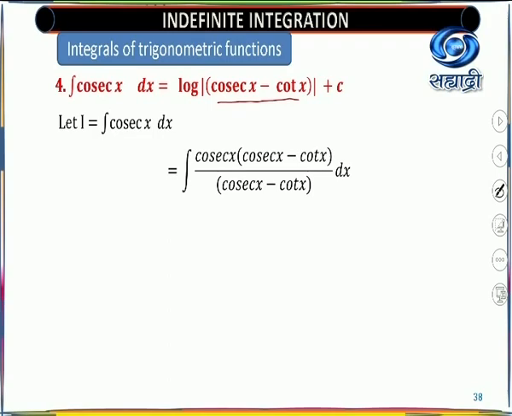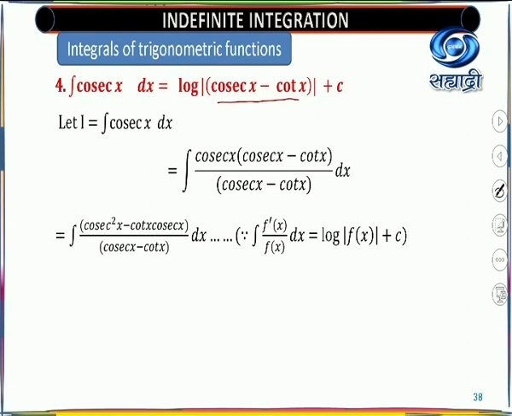Now multiply to every term. So what you will get? You will get (cosec square x minus cot x cosec x) upon (cosec x minus cot x) dx. Now look at here. What is the derivative of cosec x? That is minus cosec x cot x. Now you are having a minus sign. And what is the derivative of cot x? It is minus cosec square x.